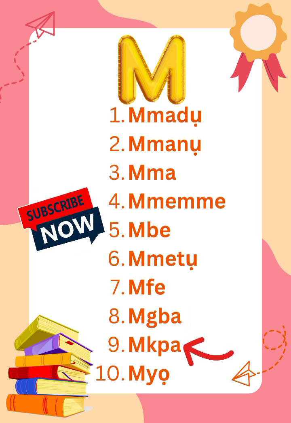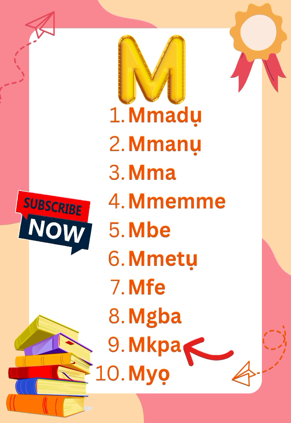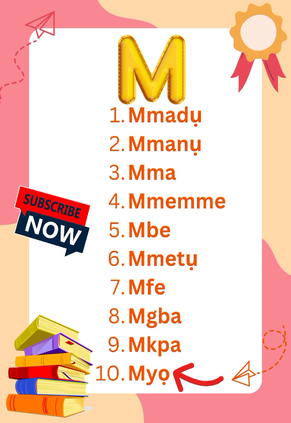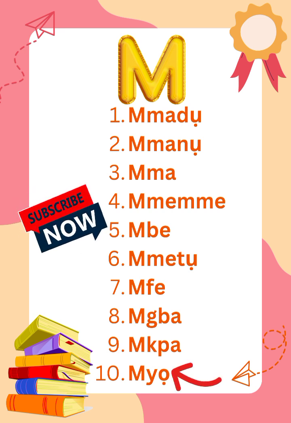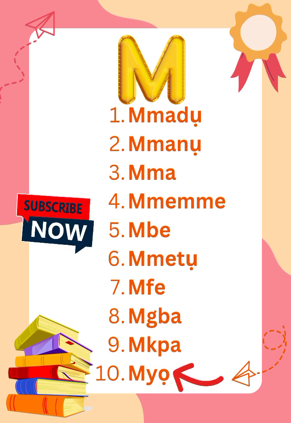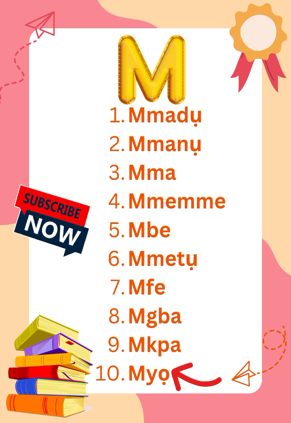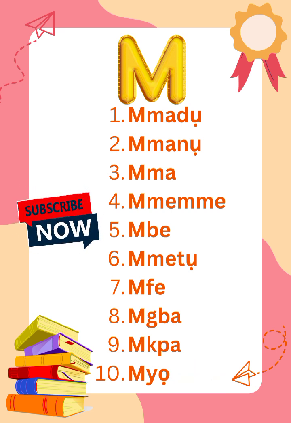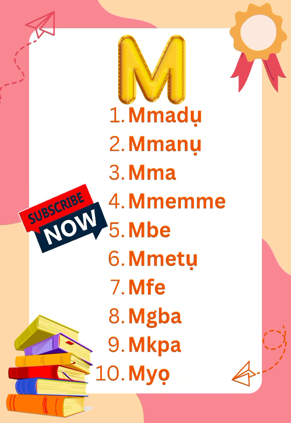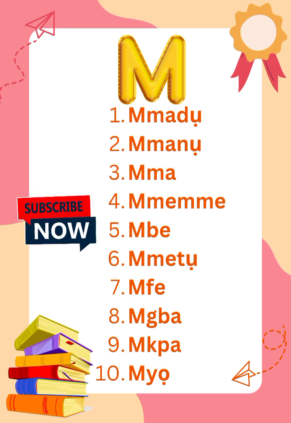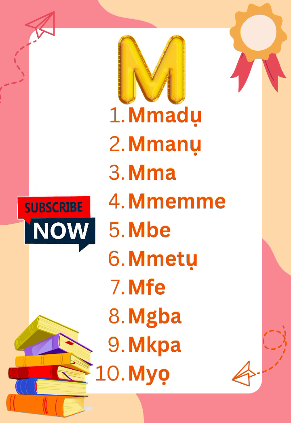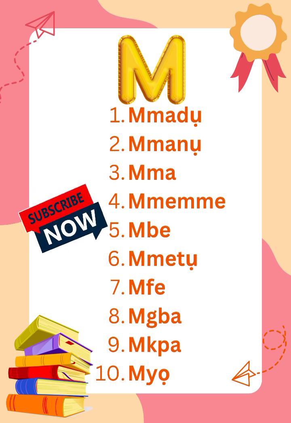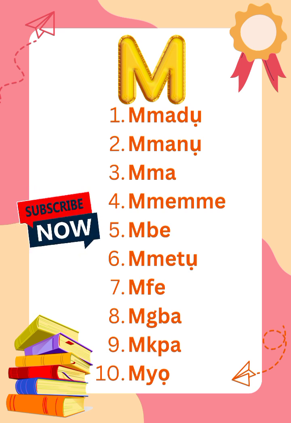The ninth word is mkpa, need. The 10th word is mkpịsị, that is sieve. So once you see m and you hear that sound, just know that m there is what? Myiriụdaume. That is a consonant that is similar to vowel, or a consonant that is functioning as vowel.